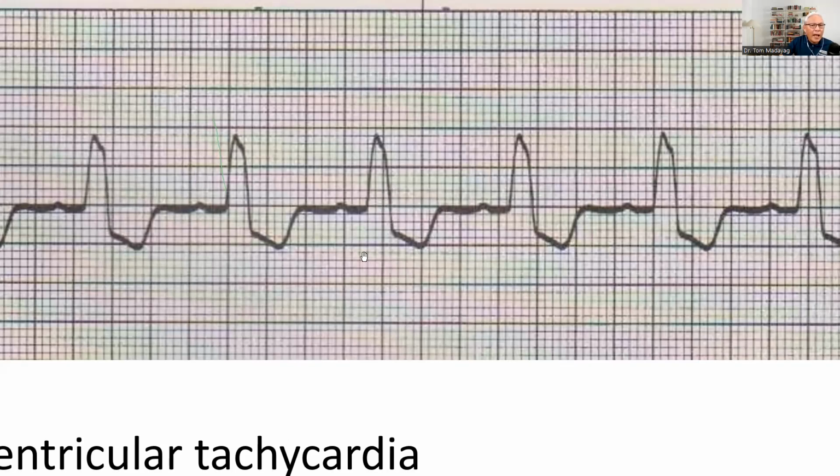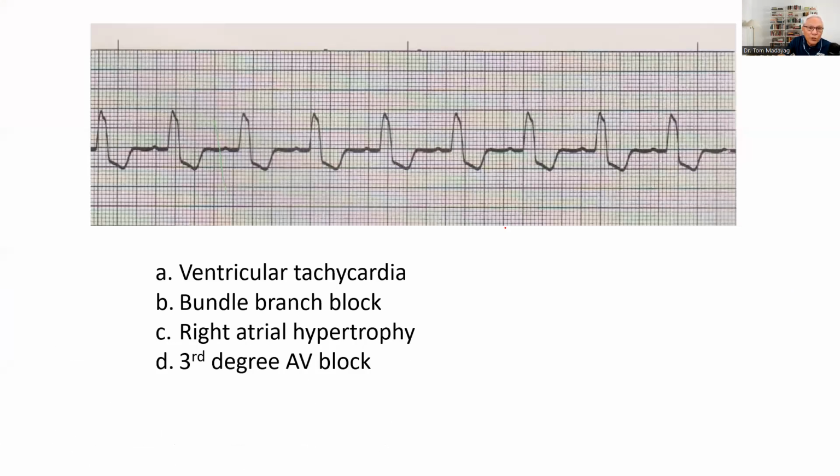Now, a lot of you might ask, is this a right bundle branch block or a left bundle branch block? Looking at this particular strip, we will not know which bundle branch is going to be the problem. In order for us to identify which bundle branch is the problem, we need to have a 12-lead ECG.